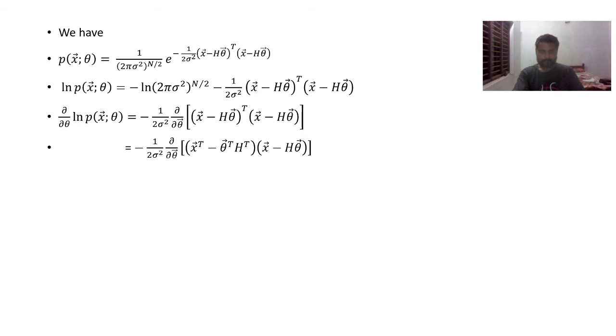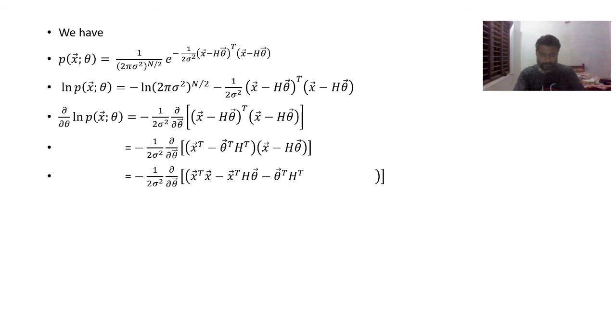With the first term I will multiply x transpose into x, then theta transpose h transpose with the other term. So it changes to minus 1 by 2 sigma square dou by dou theta of x transpose x minus x transpose h theta minus theta transpose h transpose x plus theta transpose h transpose h theta.